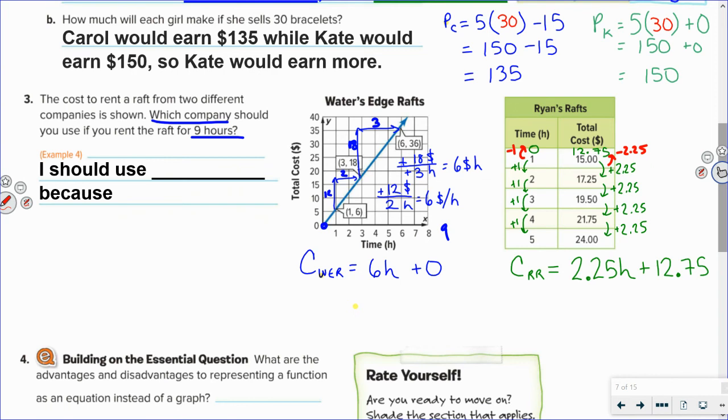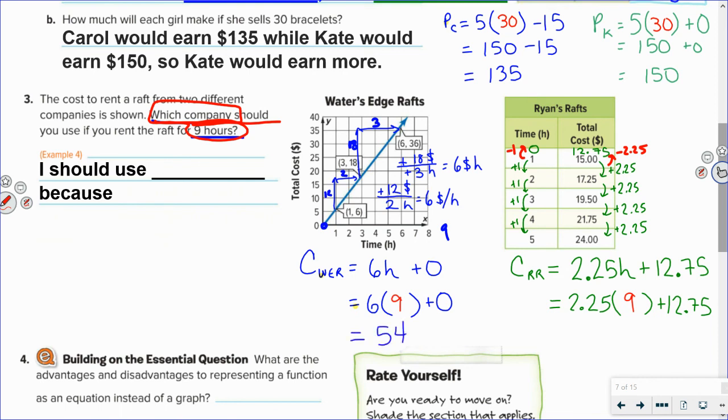Now remember, our ultimate goal, which company do we want to choose for 9 hours? So what we can do is rewrite these equations and substitute 9 into each. 6 times 9 plus 0, 54. 2.25 times 9, it's going to be about $20, but don't forget the $12.75 starting value, the fee.